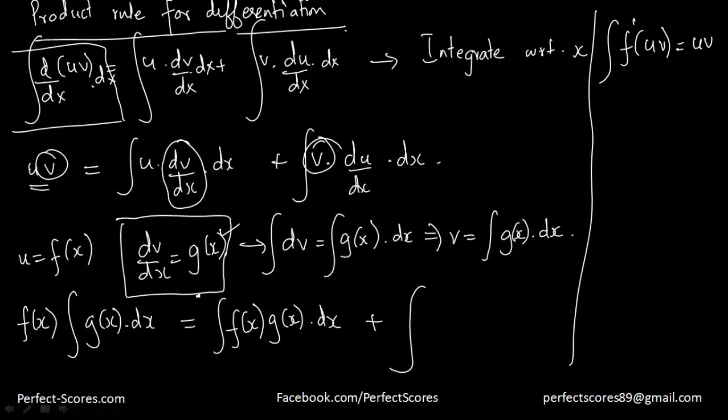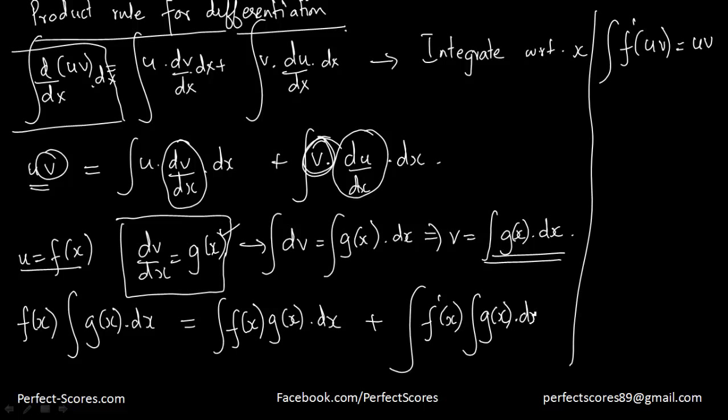First, what is du over dx? Du over dx is f dash of x, because u is equal to f of x. And v is equal to the integration of g of x, and I have another dx left here, which is going to be dot dx.